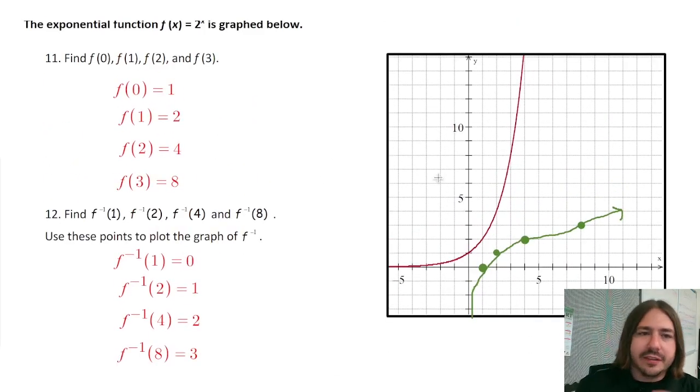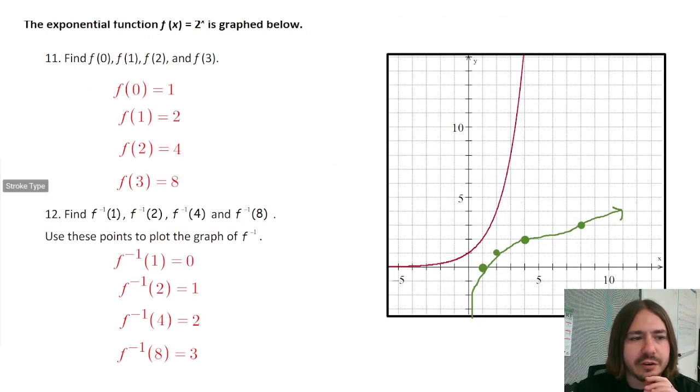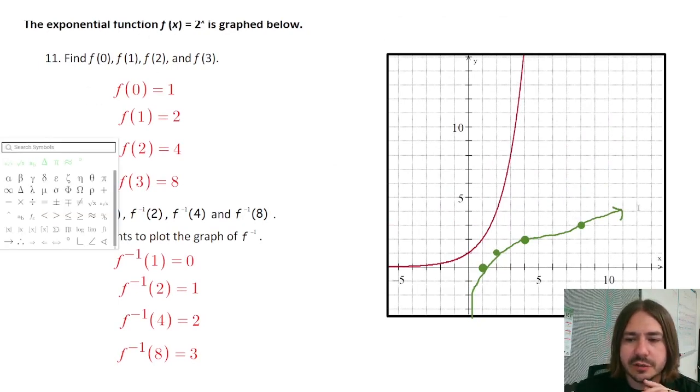So this particular inverse function, I had pointed it out earlier, and I want to point it out here again. When we have the inverse of an exponential function, we see this one right here. Notice how with the exponential function, we have a horizontal asymptote. With this inverse, we've got a vertical asymptote.